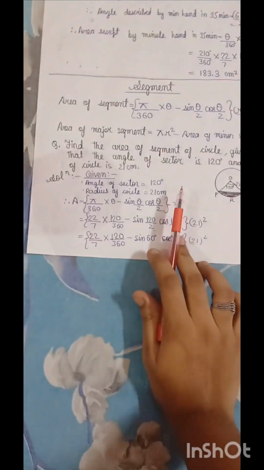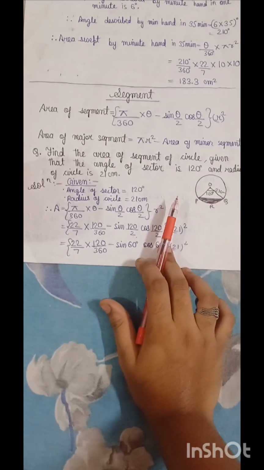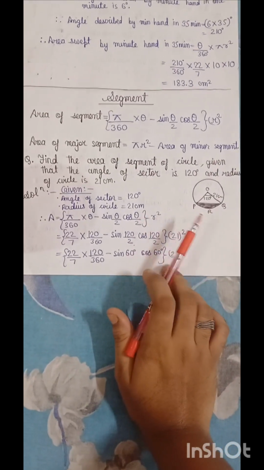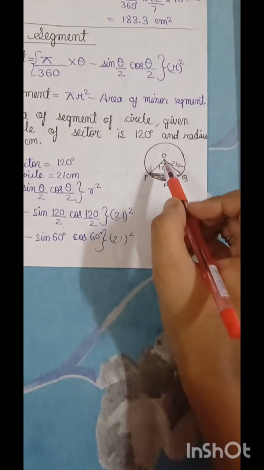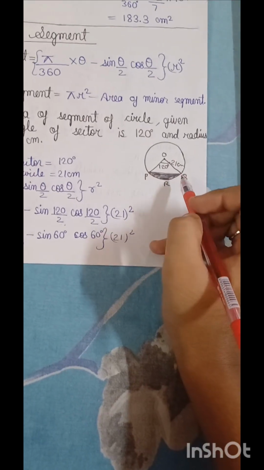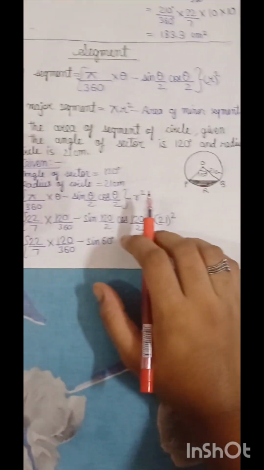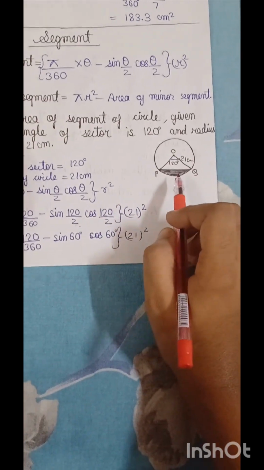So starting with this, find the area of the segment of a circle given that the angle of sector is 120 degree and the radius of the circle is 21 centimeter. So it is given that the angle of sector, that means value of theta, is 120 degree and the radius is 21 centimeter, and we have to find the area of PRQP, this shaded region.